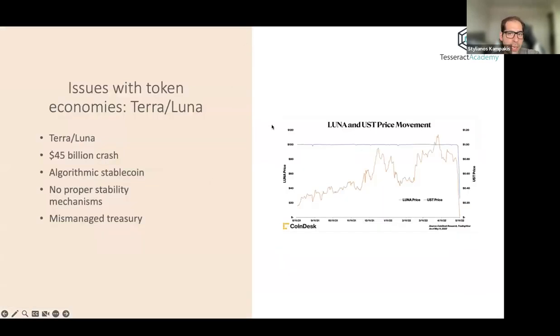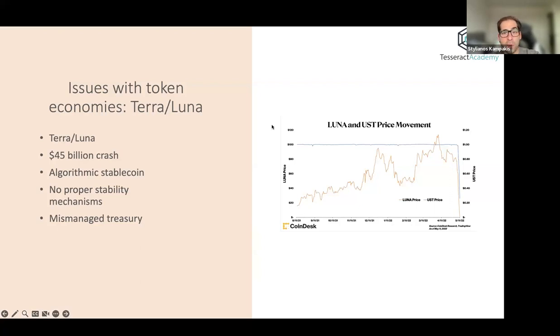Okay, so that was a short primer on tokenomics for those of you who are new to the subject. And now I'll move on to discuss tokenomics auditing, which, I believe, is one of the latest innovations in tokenomics design, and it's something I've been working on for the last 2 years.